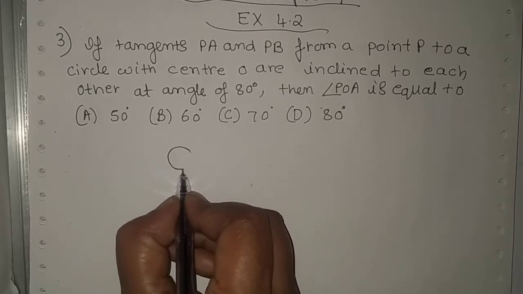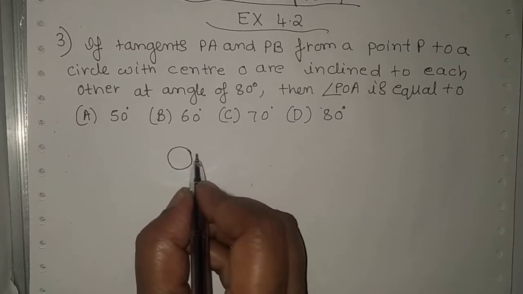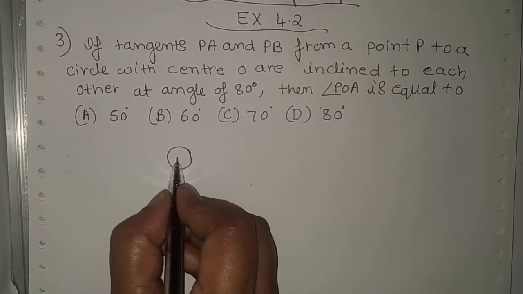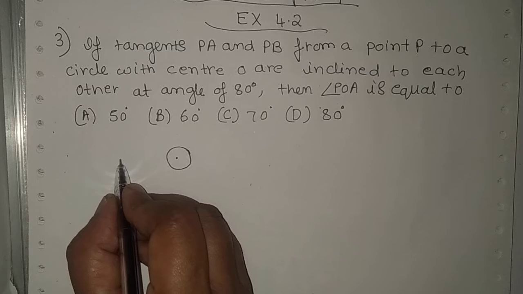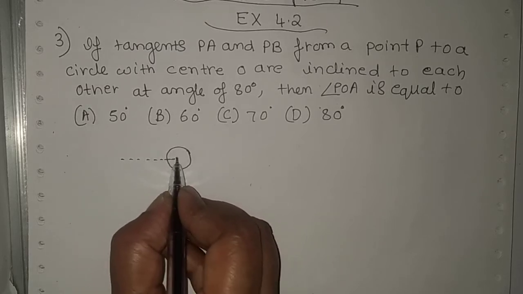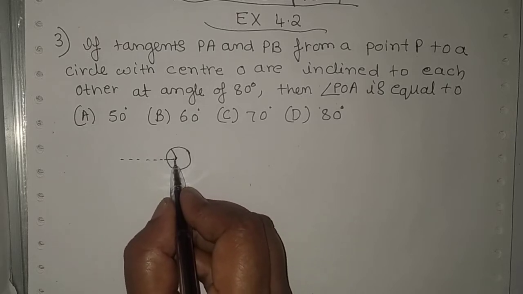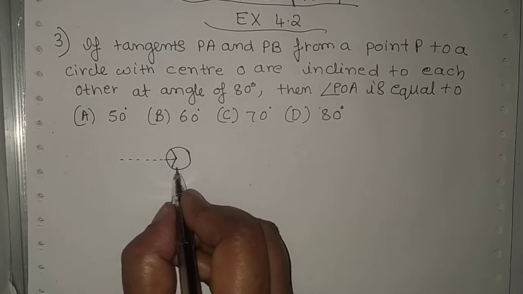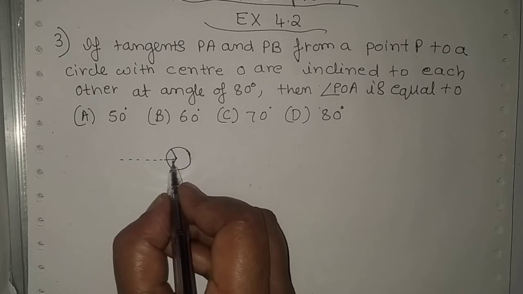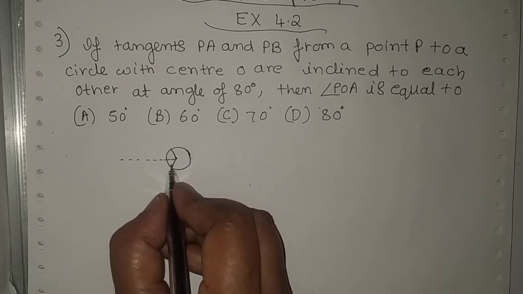So the diagram is like this, a circle is drawn and this is the line, therefore here one radii, here one, and a circle having more than one radius is called as a radii.